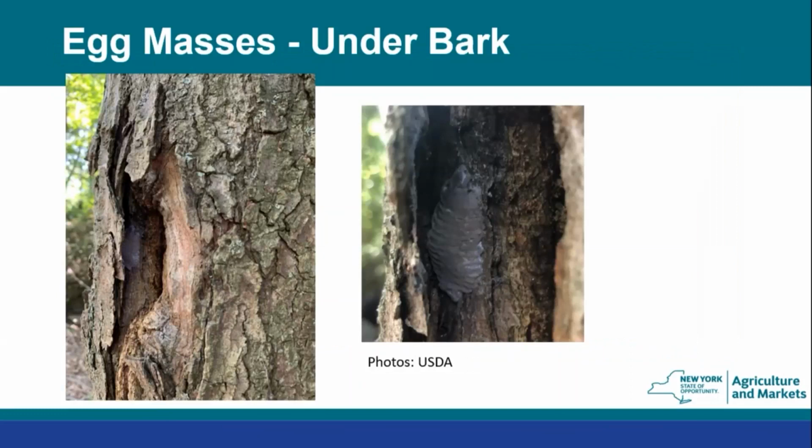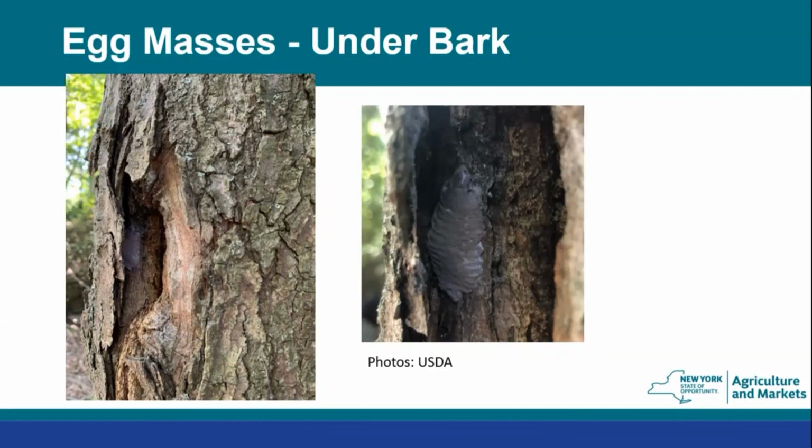Looking straight at the tree trunk, you wouldn't see the egg mass, but from the side, you can see where the bark is making that little protected shelter, and then on the right, you can really see the egg mass tucked under that bark. That's just a zoomed-in version. From the side, it just looks like tree bark, maybe a piece of dirt, maybe some mud from a mud dauber or something like that. But when you zoom in, you can see that it's clearly a spotted lanternfly egg mass. So those protected areas are really key to hone in on when you're looking.